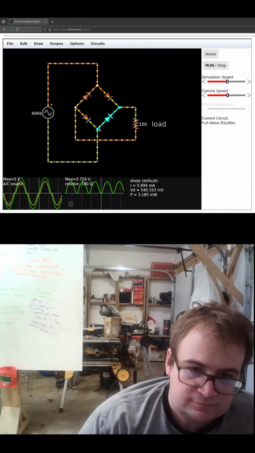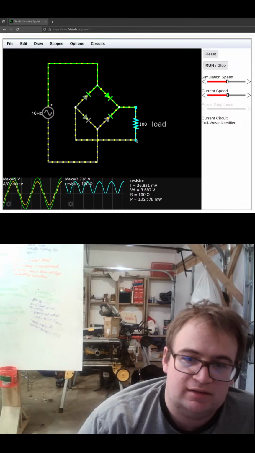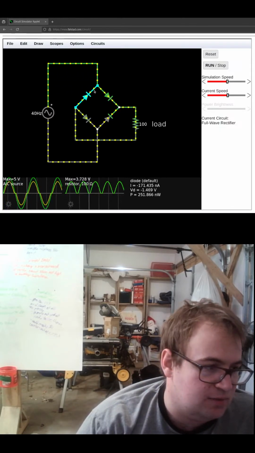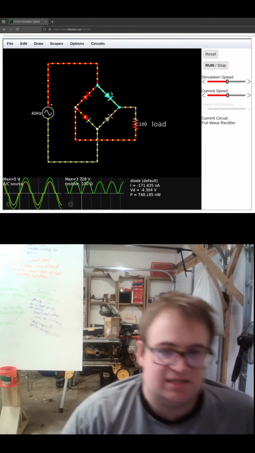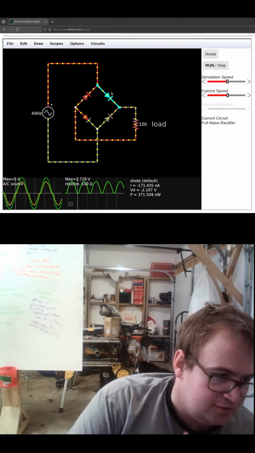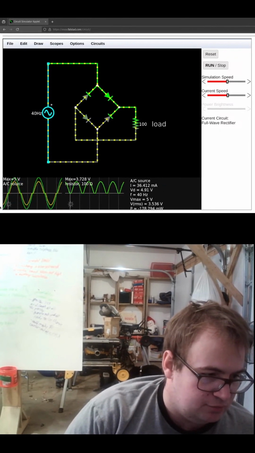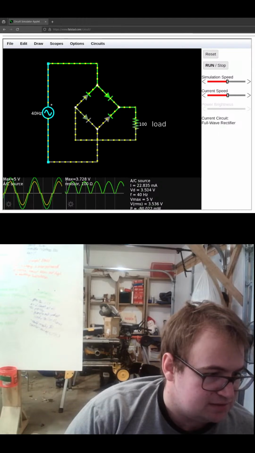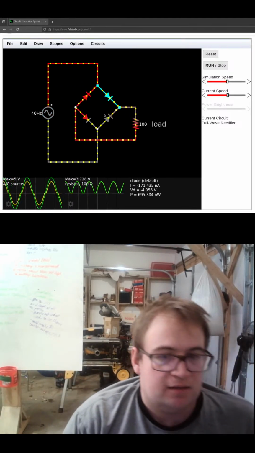So when we have plus 5 volts here, we're going to travel through this diode into the load, out this way. And yeah, so see, that's why I like doing these live. Then it gives me a chance to talk about the circuits myself, which I always find is fun.